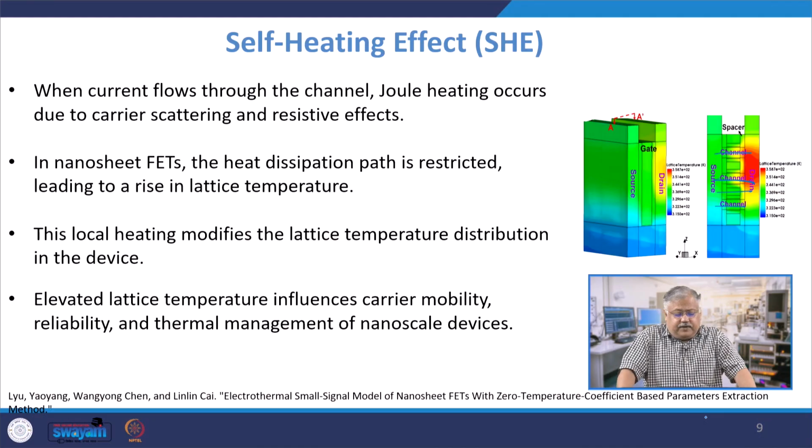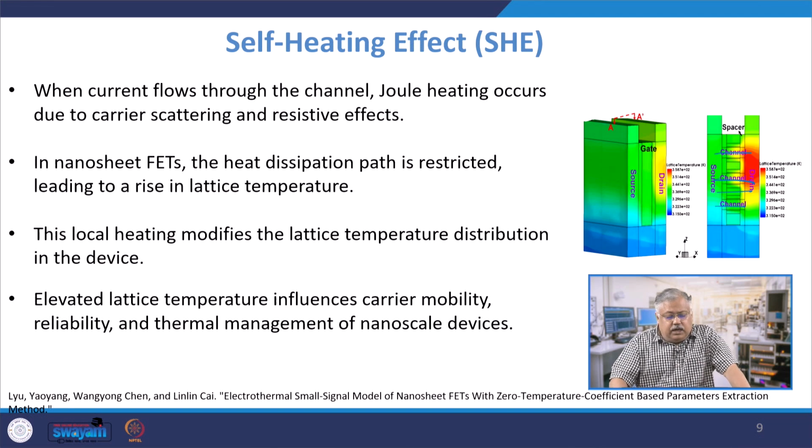And in nanosheet FETs, the heat dissipation path is very much restricted. You don't have anywhere the heat can get dissipated either into the sink or into the active area of the device. And this leads to the rise in the lattice temperature. The lattice temperature goes on rising, right? It's basically a cyclic process.